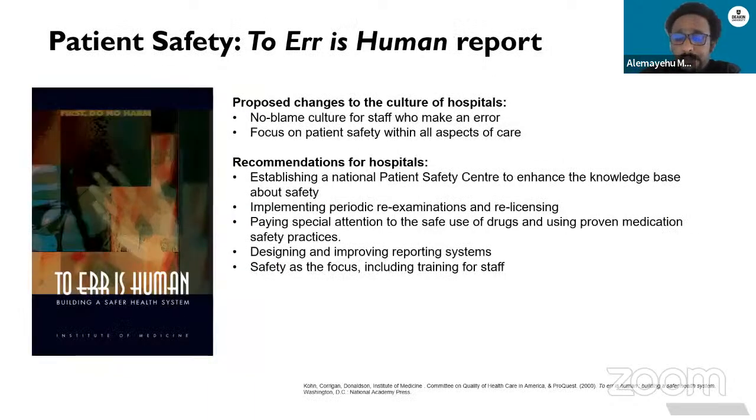This report proposed a number of changes to the culture of hospitals, like a no-blame culture for the staff who make an error. Blaming culture does not significantly decrease patient harm. This is one of the suggestions of this report. Rather, focus on patient safety as a whole in the patient care process, meaning system-wide change in the way patients are treated and cared for is the major thing that we should focus on.